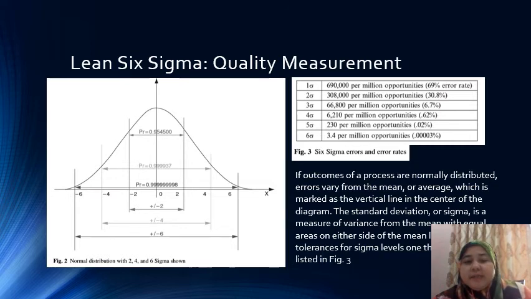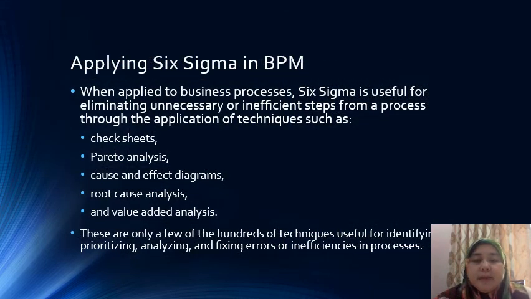So basically dia berada di hujung ni, the very small area here. Which defines the notation kita tadi tu, 3.4 per million errors. Daripada 3.4 million products yang kita produce tu, hanya ada satu saja defects. So that is the meaning of Six Sigma.